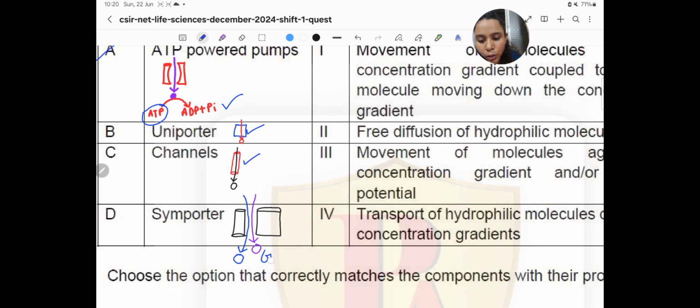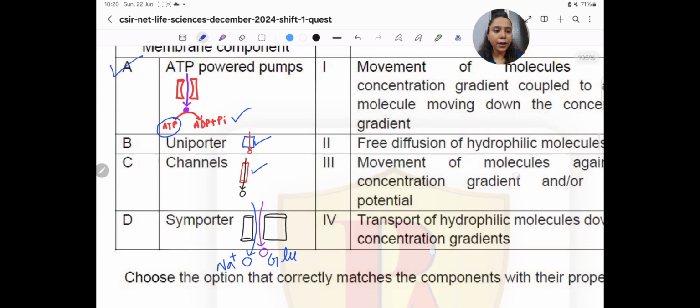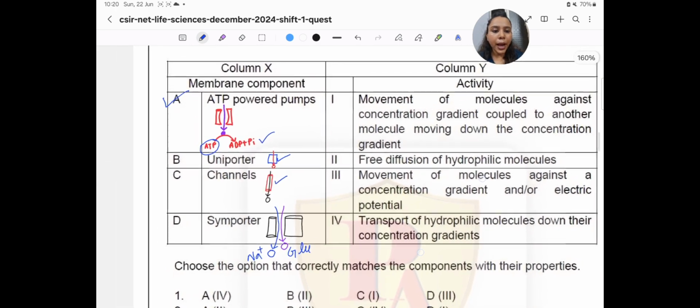Here glucose may want to be transported inside the cell, but glucose cannot enter the cell without an ion linked with it. The ion is Na plus, and it occurs in the kidney tubules, where absorption of glucose occurs through Na plus. Now we have to match the activity.